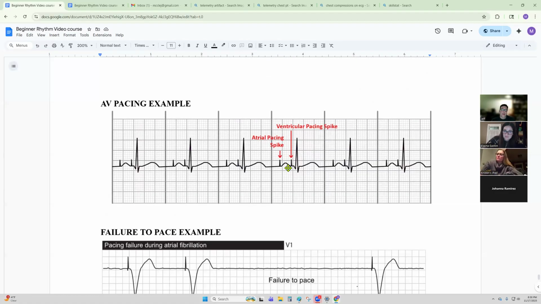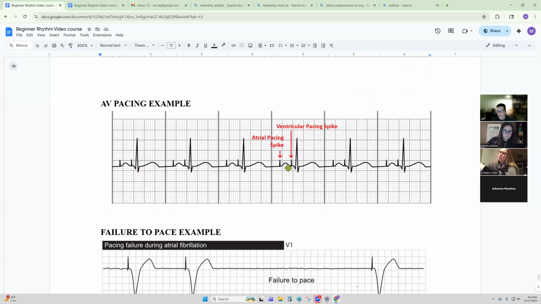So in the pacers, they're all on demand, right? It's all what the heart needs at that particular moment. Sometimes it'll be atrially, sometimes it'll be ventrally, and it can interchange constantly. For pacers, the goal is for the natural pacemaker of the heart to do as much work as it can by itself, and the pacer is just there to pick up the slack.